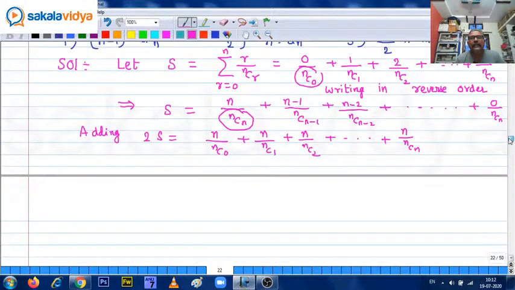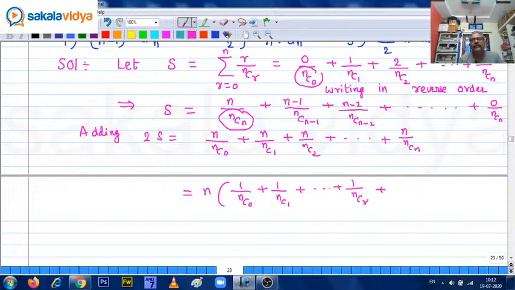Now take n common. If you take n common, what do you get? 1 upon nC0 plus 1 upon nC1 plus so on, 1 upon nCr general term, plus 1 upon nCn. This can be written in summation form. So n times sigma r, taking values from 0 to n, 1 upon nCr.